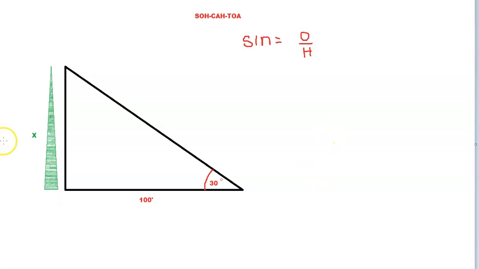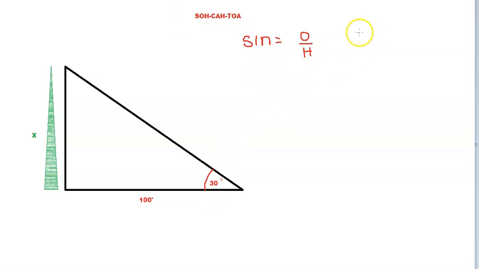We're trying to figure out the opposite because we've got an angle. If we were going to use sine, we'd need the opposite and the hypotenuse. Well, we don't know the hypotenuse and we don't know the opposite, so we can't figure it out by just knowing the angle. So that one's not going to work for us.